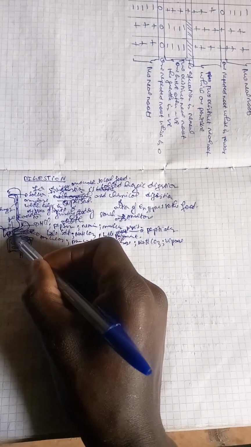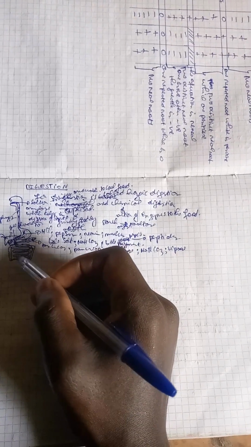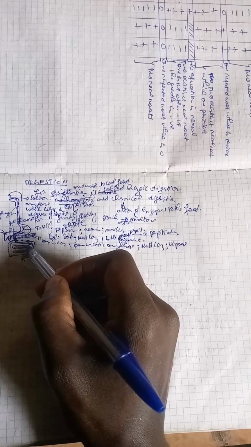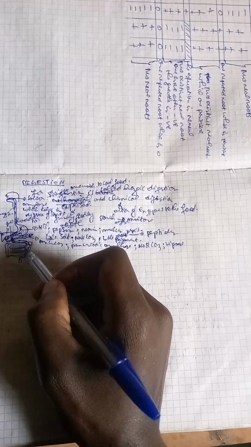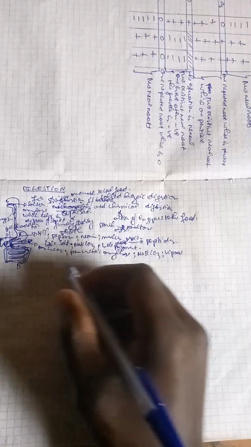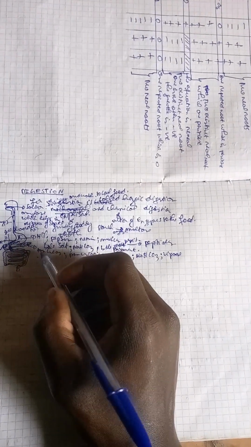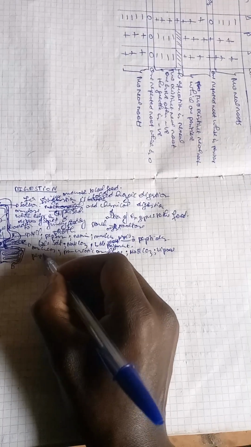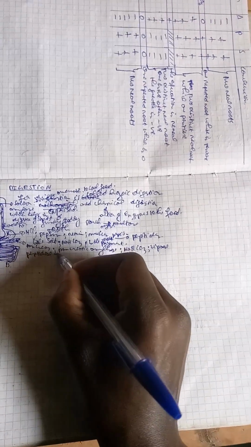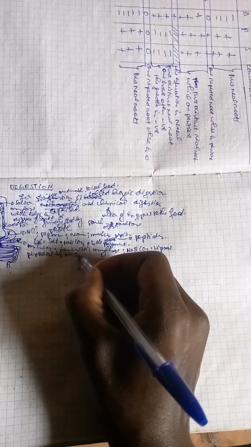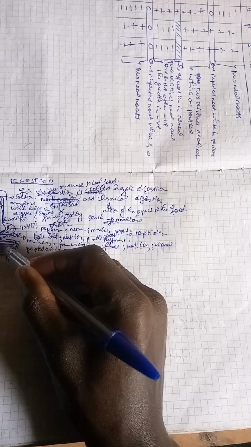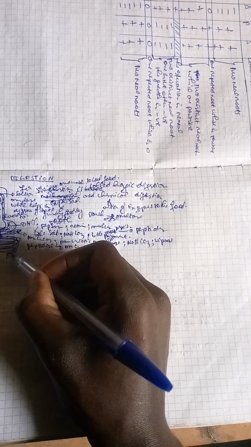After here, the bolus continues into the small intestine, where there is also secretion of peptidase to digest peptides to amino acids. And here is where absorption takes place.